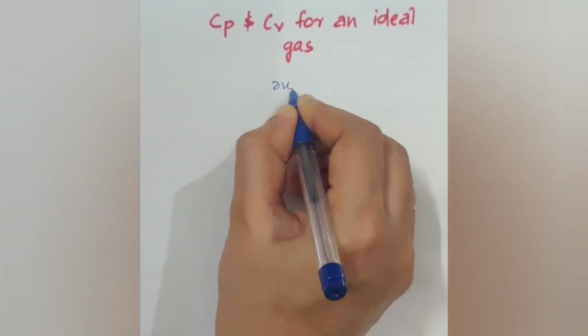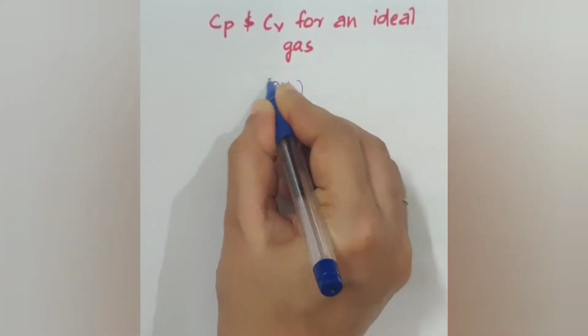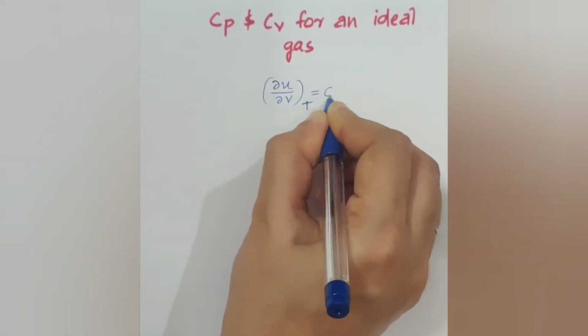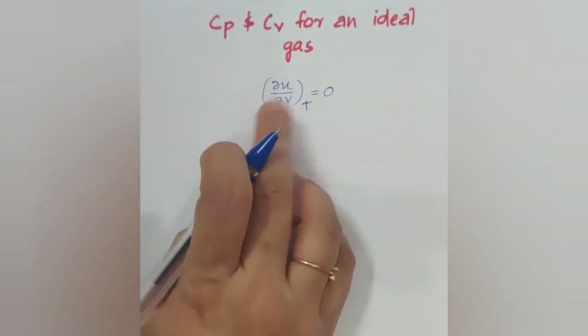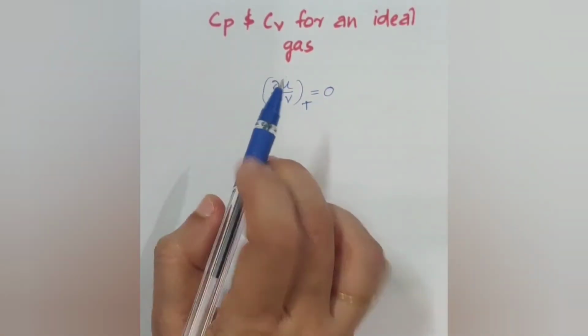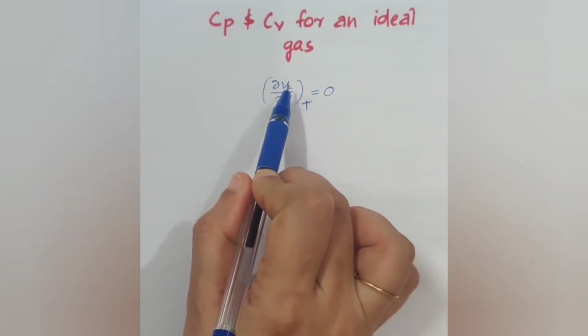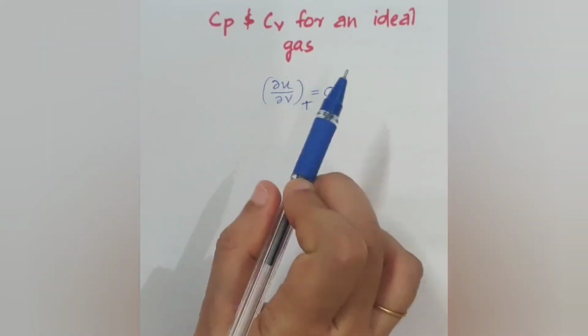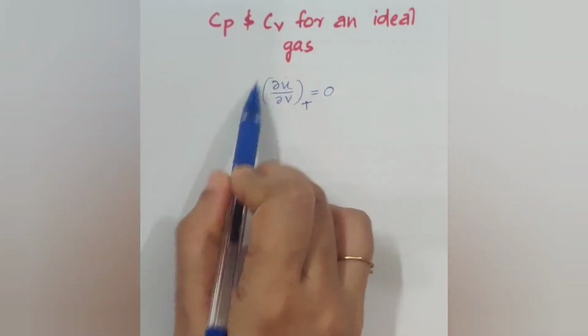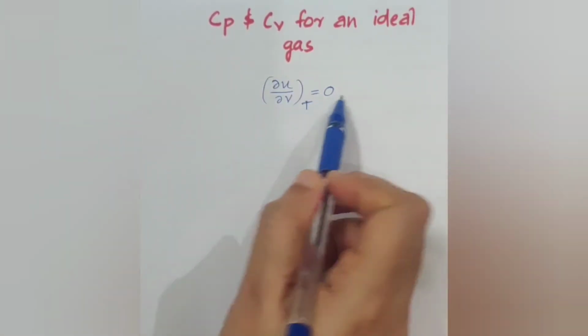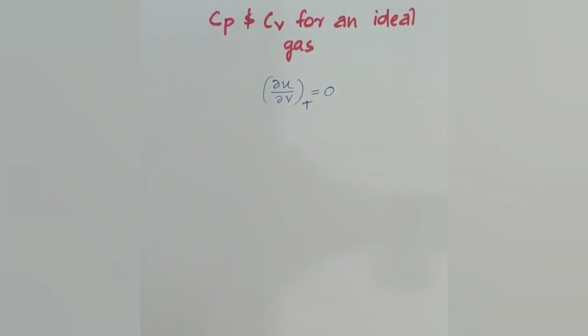That is, the (∂U/∂V)_T term is equal to 0 for an ideal gas. Hence, this term (∂U/∂V)_T is equal to 0 for an ideal gas.